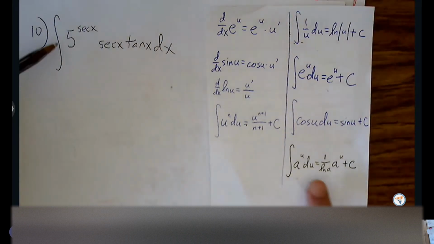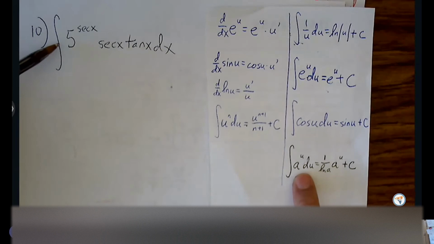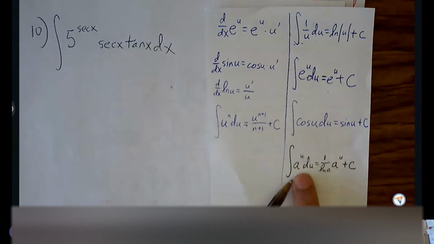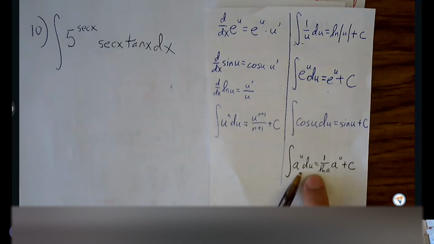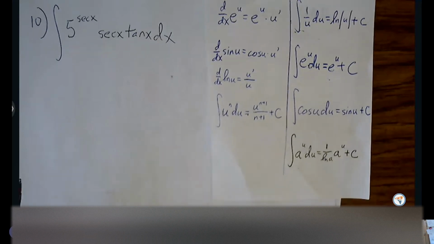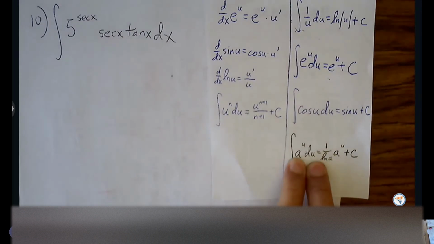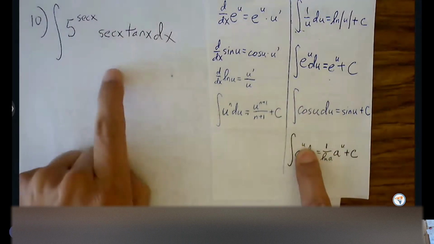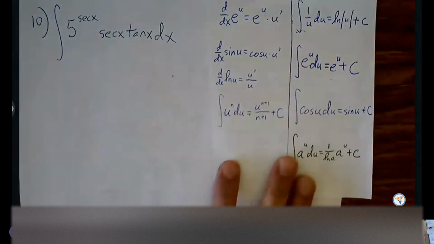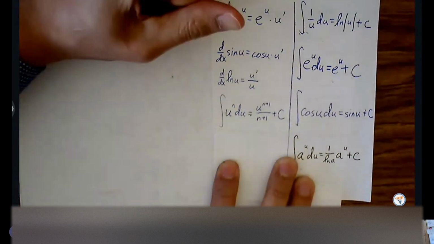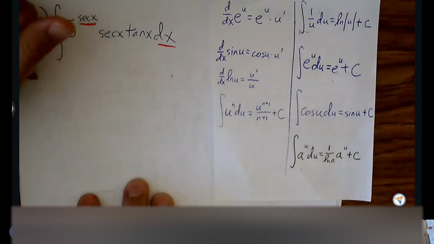So we need to recognize that this is an exponential function that is base 5, and it falls under this a to the u category. So if you can see that this is the end goal, then it's a lot easier from here on out, right? What's the u-value then? Secant x, right? If you can look at this as your end goal, then it's a lot easier to see, okay, well, it's got to be the exponent if I want to make this work out. Okay. All right, so let's start there.